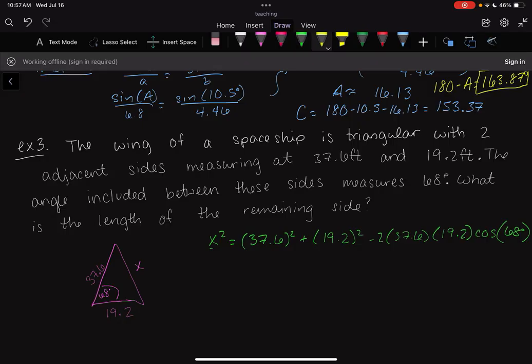If you need to see it with the letters we always use, you can just label it: this is A, this is B, and this is C. So this would have to be angle C. Then we could use the formula C squared is equal to A squared plus B squared minus 2AB times cosine angle C. Then you can plug it in that way, but we're getting the same stuff.